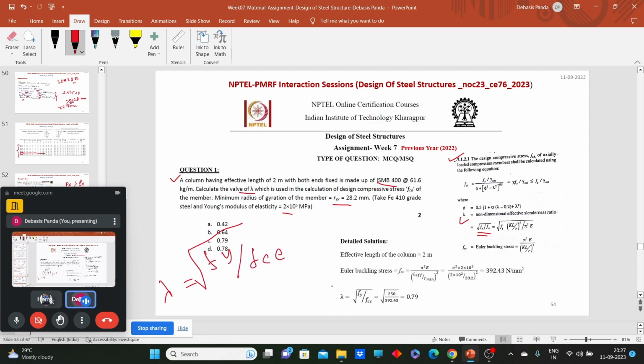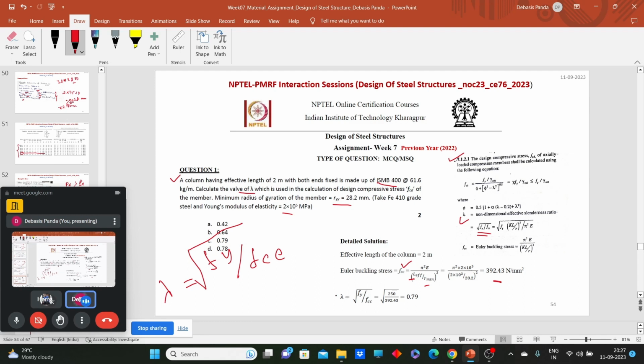Now, what is that Fcc? Fcc is nothing but the Euler buckling stress. How can we calculate this? Pi square E divided by (L effective by r minimum) square. The Euler buckling stress Fcc comes as 392.43 MPa.